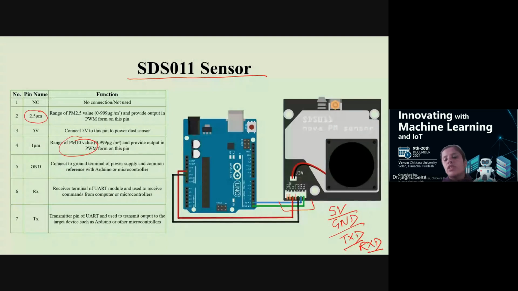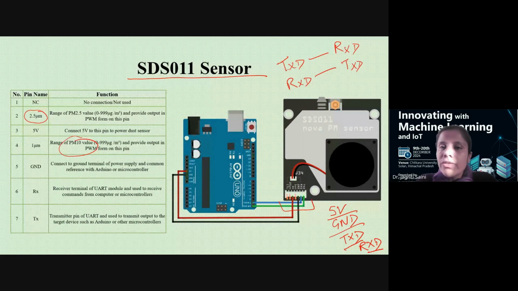Those who are going to do it for the first time need to understand that TXD and RXD lines are always required to be connected in opposite fashion. If you take TXD from one terminal, it will be connected to RXD on the other side, and vice versa, because that completes your transmission channel. The sequence of communication you will follow accordingly: starting from the transmission to the receiver, this is your transmission pin, and this is connected to the receiver pin over here, the second one.